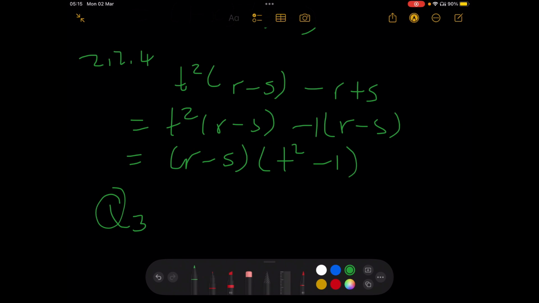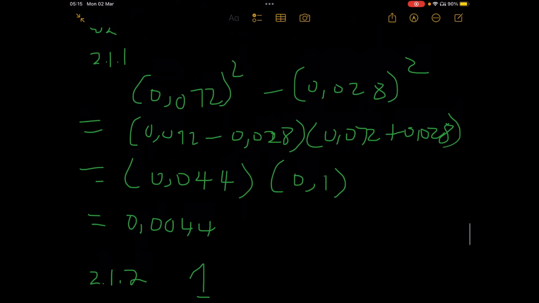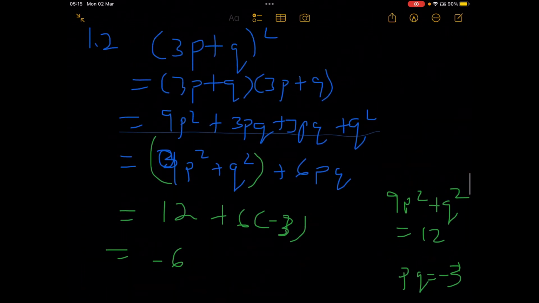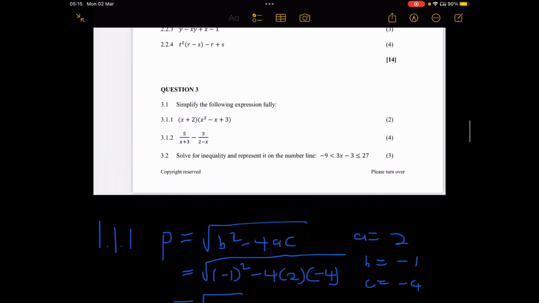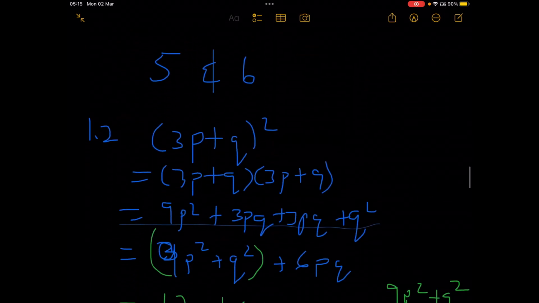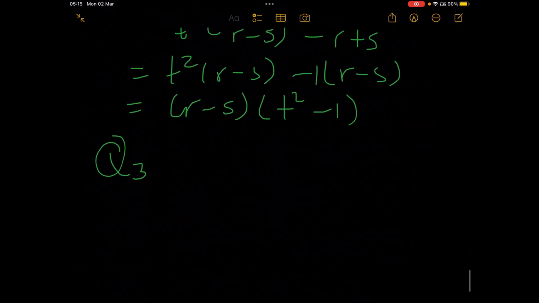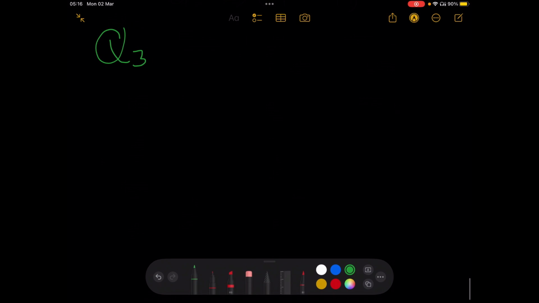Question 3 wants us to simplify the following. Given a binomial with a trinomial, 3.1, we have x plus 2 into x squared minus x plus 3.